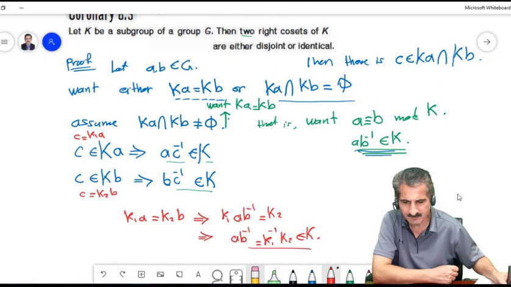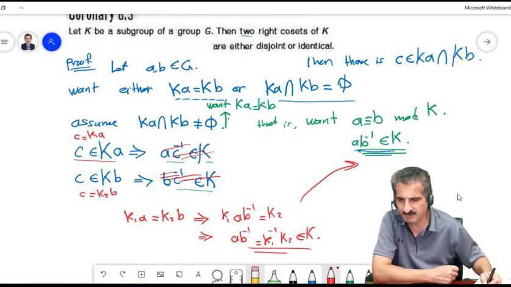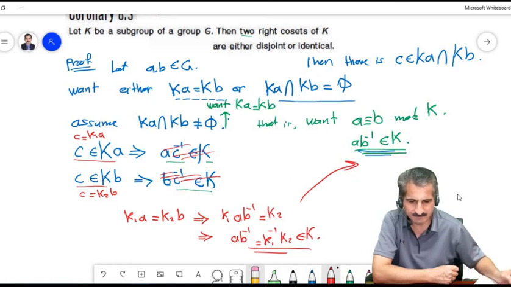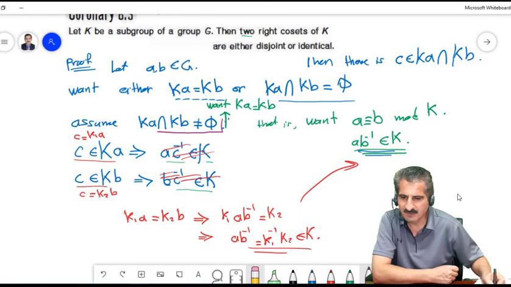So just playing with it. This is what we want here. I did not use this literally, I just used the membership. Okay, and then we are done. We assumed that the intersection is not empty, and then we proved they are equal.